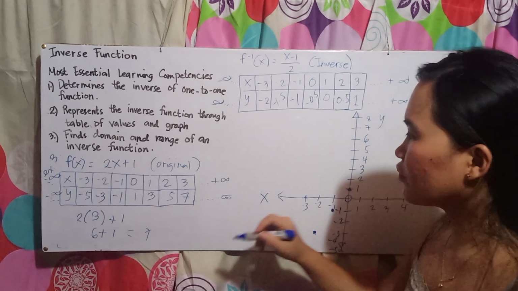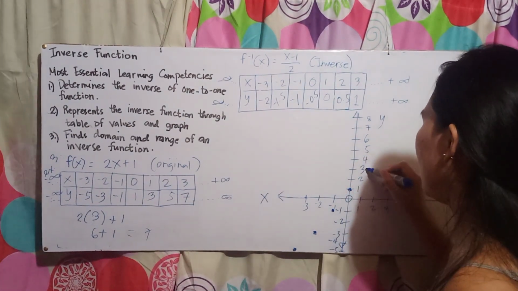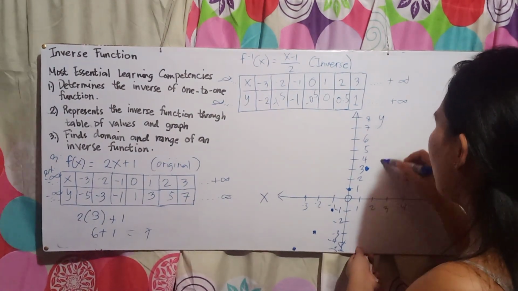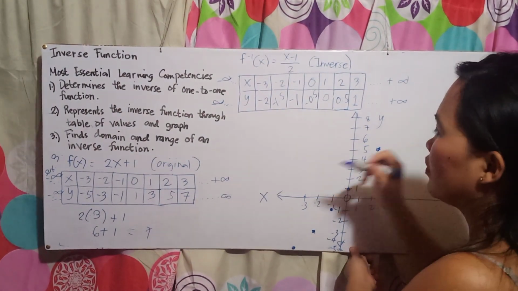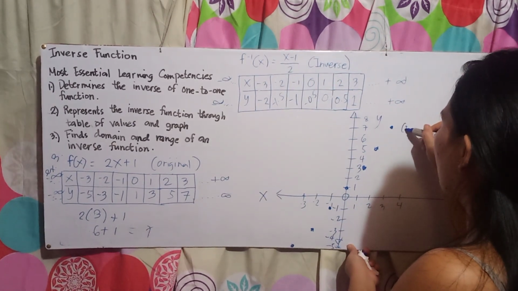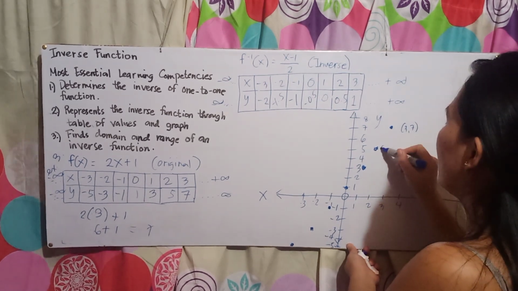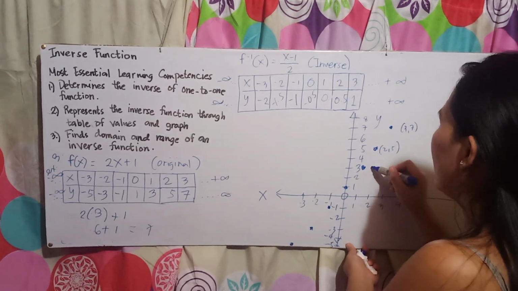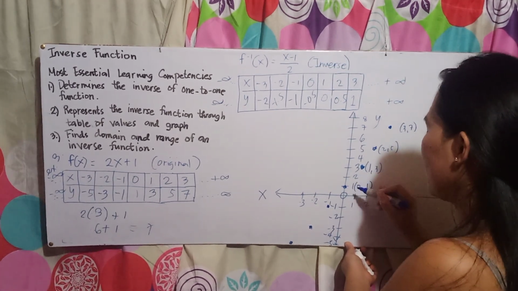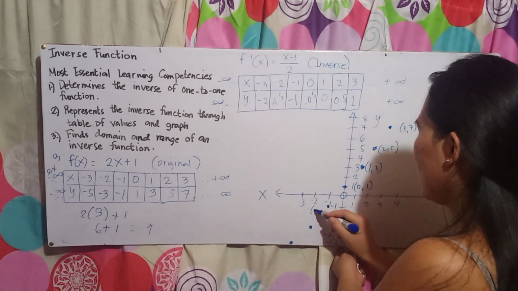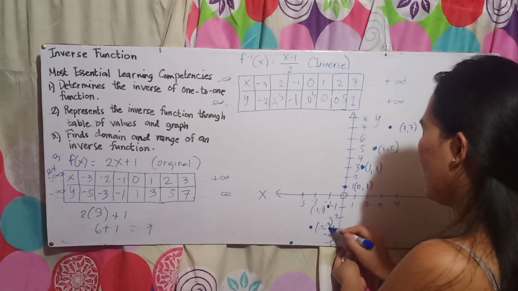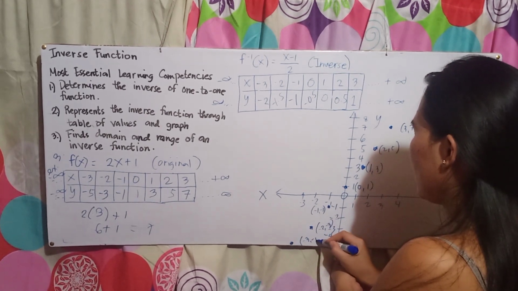Positive 1 and positive 3. 2 and positive 5. 3 and positive 7. Okay, 3, 7. 2, 5. 1, 3. 0, 1. Negative 1, negative 1. Negative 2, negative 3. Negative 3, negative 5.